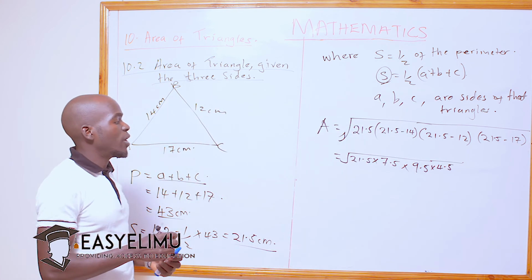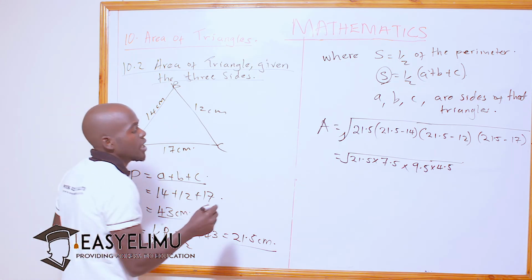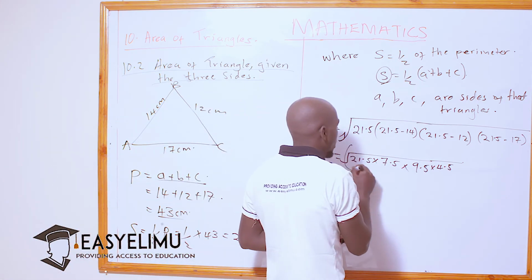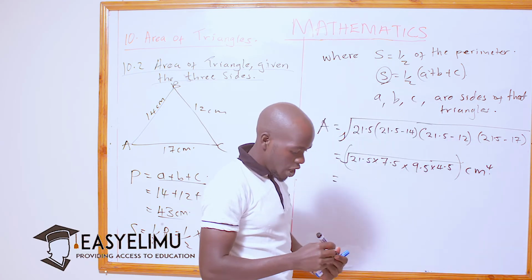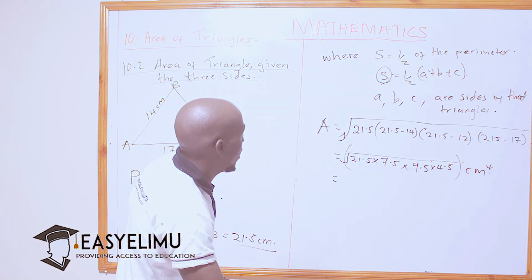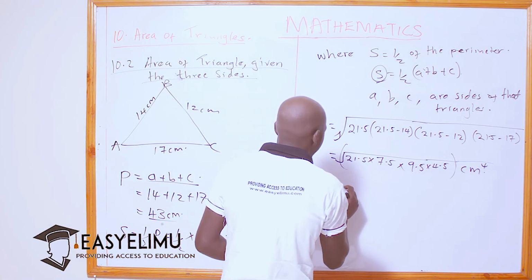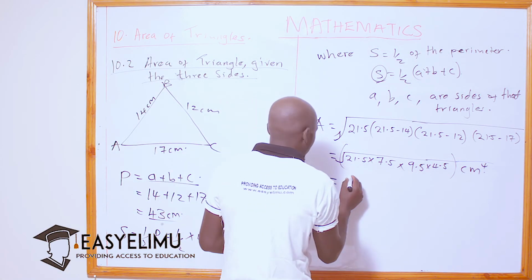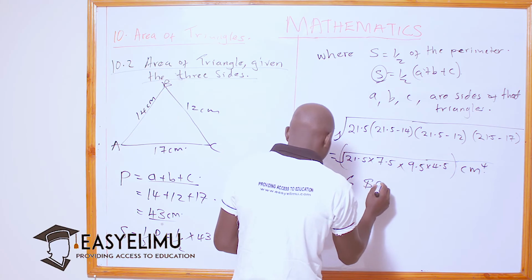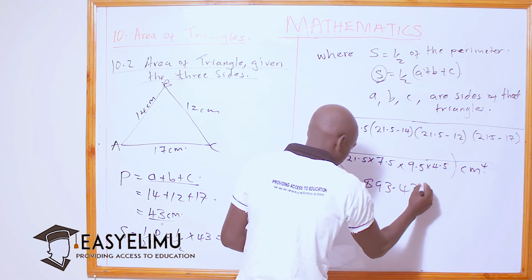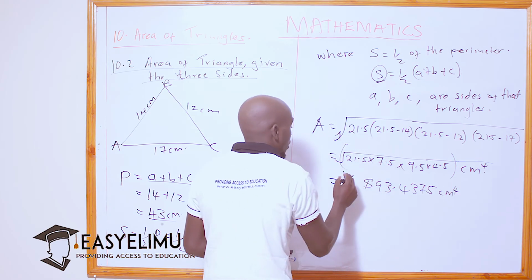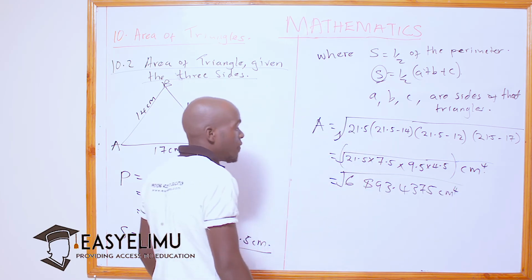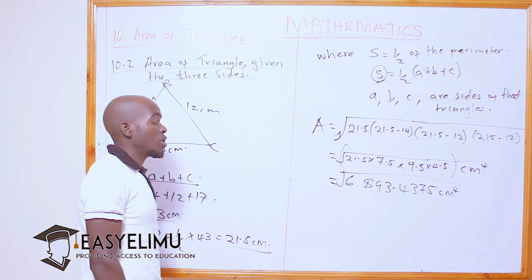Now we multiply all that we have in the bracket, and then find the square root of it. This gives us 6,893.4375 centimeters raised to 4. But remember, we are still finding the square root because it is under the square root sign.